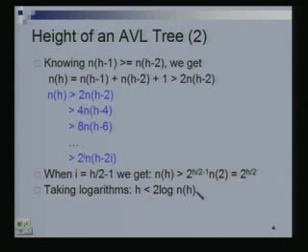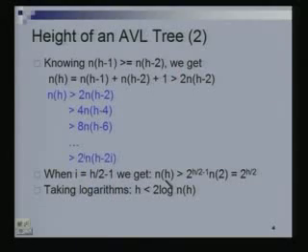Yes? So if I have an AVL tree on n nodes, then n of h is actually less than n, right? Because I have an AVL tree whose height is, let's say, h, and it has n nodes.